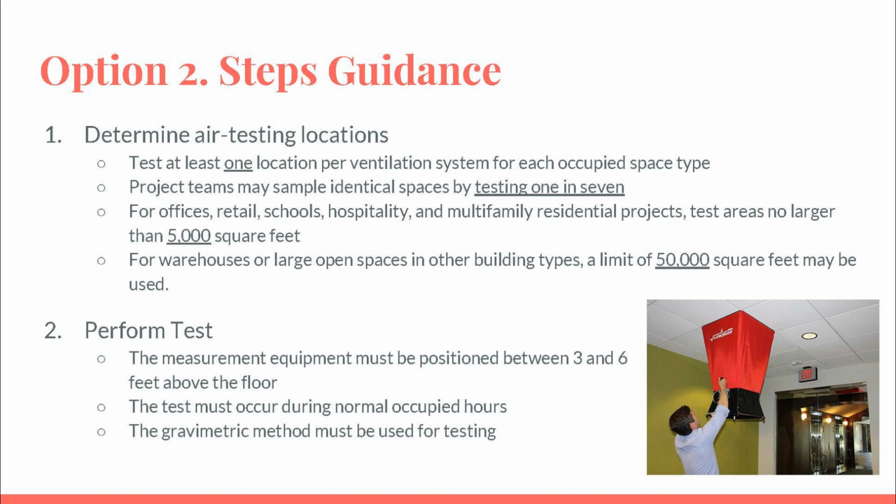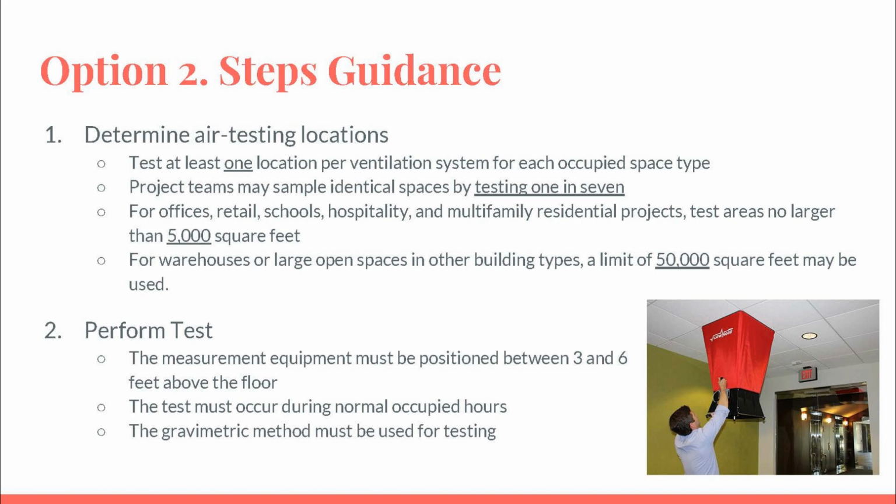The project teams may sample identical spaces by testing 1 in 7, and for offices, retail, schools, hospitality, and multifamily residential project, test area has to be no longer than 5,000 square feet. For warehouses or large open spaces in other building types, a limit of 40,000 square feet may be used.